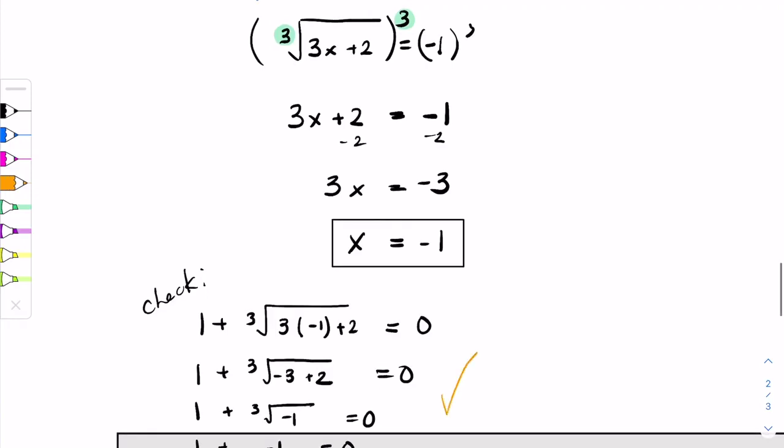That is correct, so this is your answer. And just to go back to that, the cube root of negative 1 is negative 1. Cube roots can have negative answers.